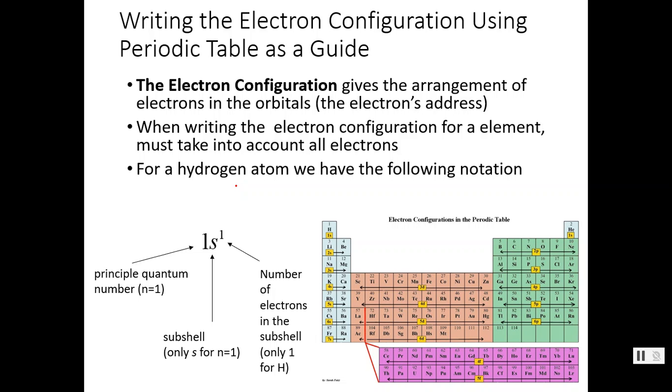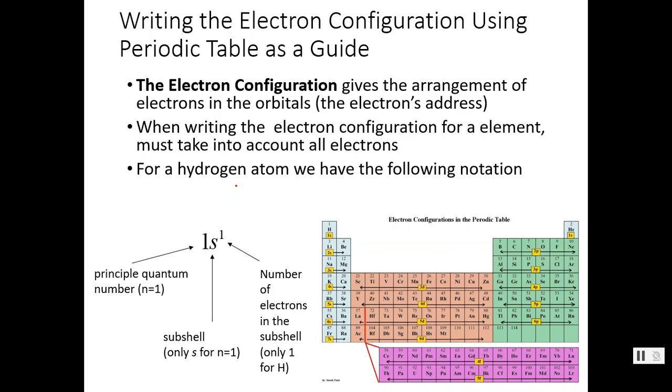So when writing the electron configuration for an atom, first you need to know what atom you're writing it for, where it is on the periodic table, and how many electrons it has, because that's going to tell you how many electrons need to be placed in orbitals for your electron configuration.